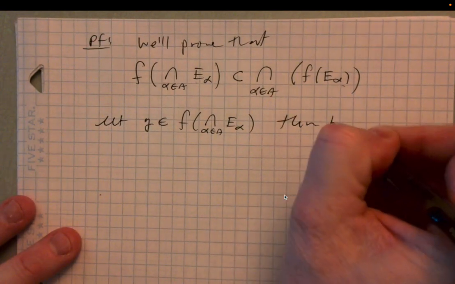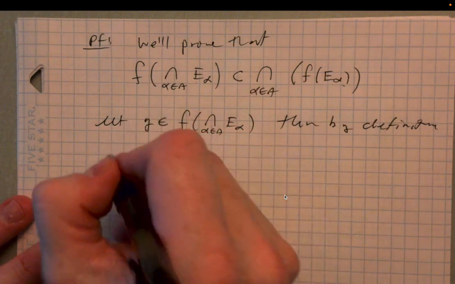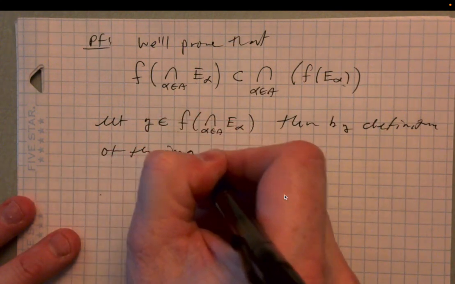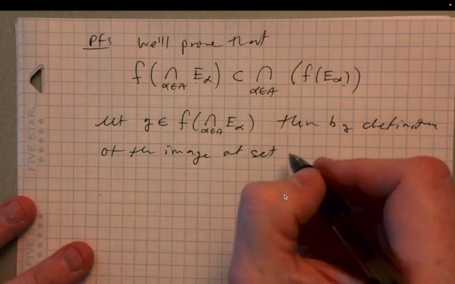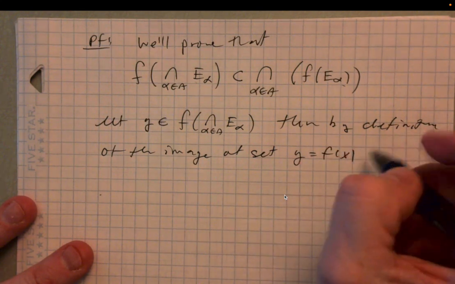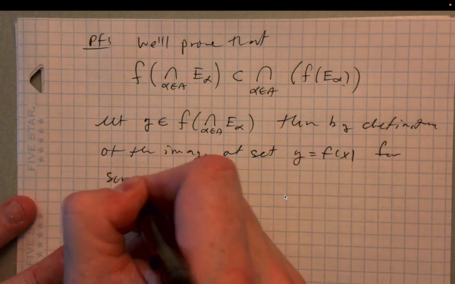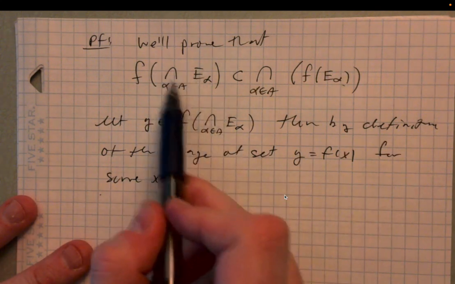Then by definition of the image of a set, y equals f of x for some x in what? Well, x has got to come from this set here.